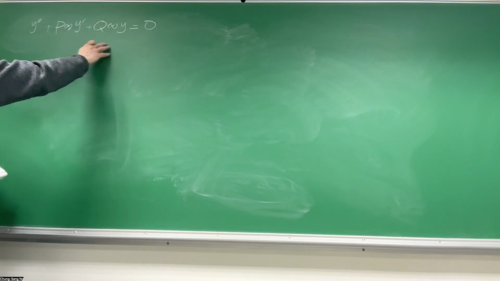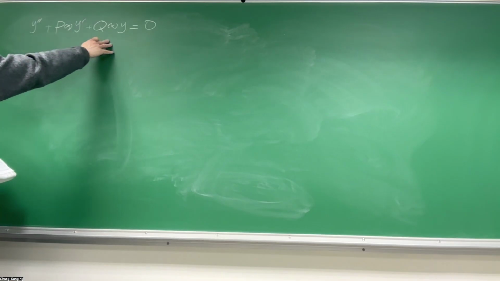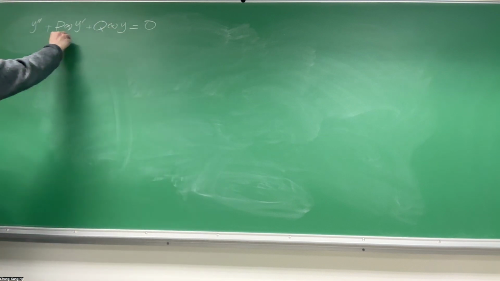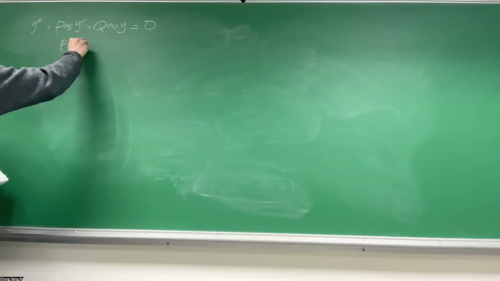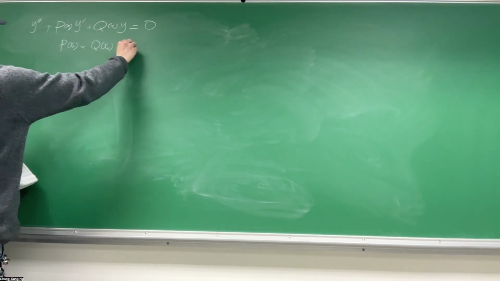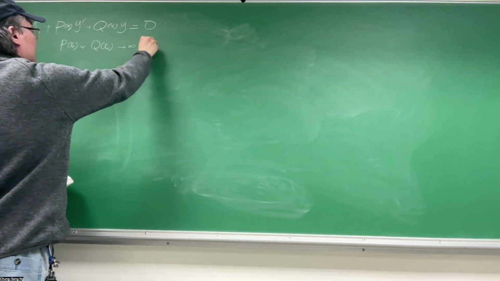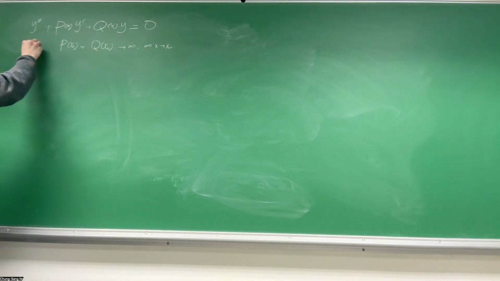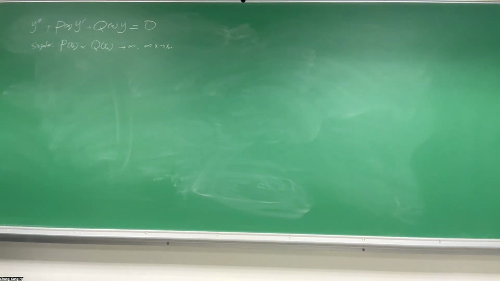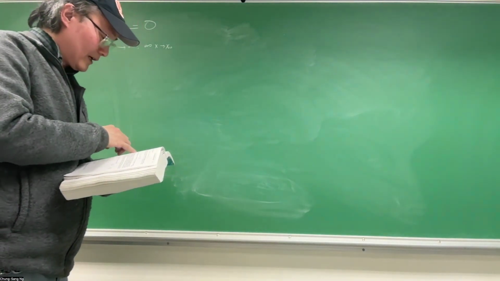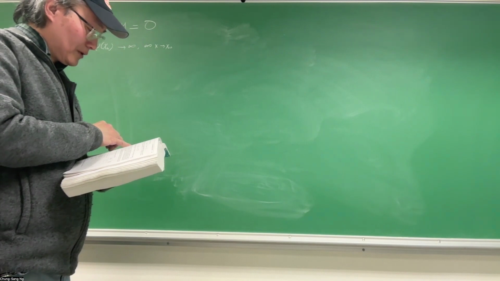So if one of them is singular, then we call that a singularity. So P(x0) or Q(x0) goes to infinity as x goes to x sub 0. That's the singularity. That's trivial, right?